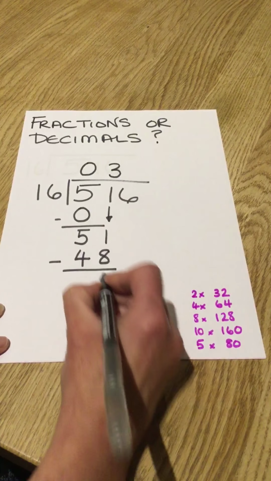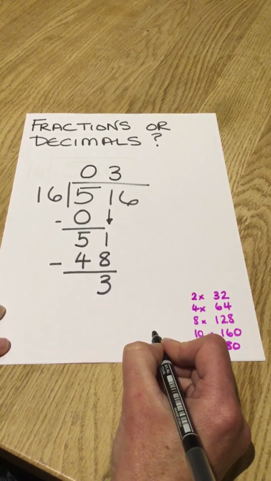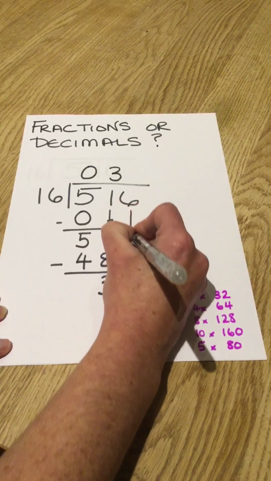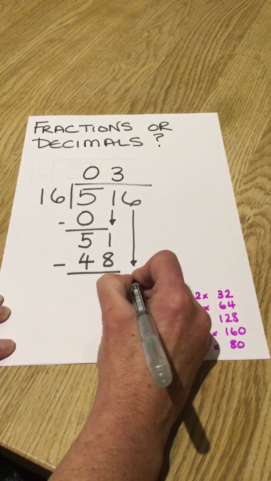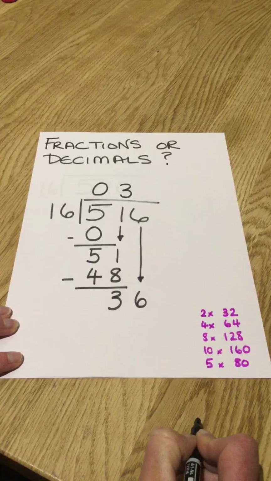How many tens do I have left over? I have 3. I'm going to turn those into ones. So with the 6 I already had, I now have 36 ones.